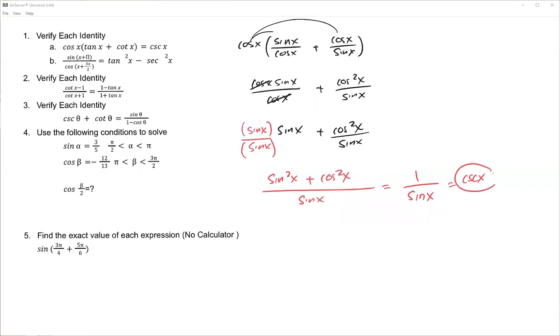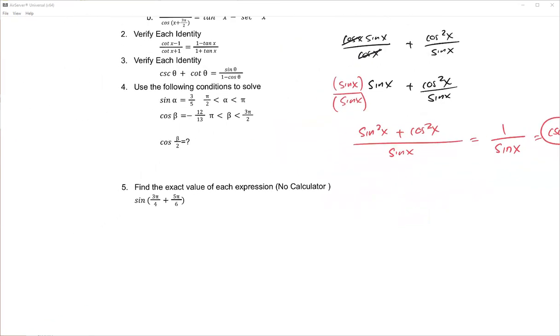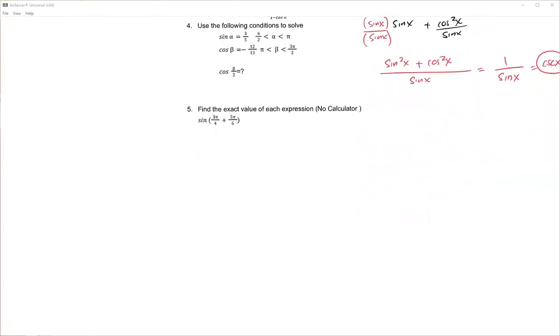Number 2, all right, you have sine of x plus pi over cosine of x plus 3 pi over 2 is equal to tangent squared x minus secant squared x. What's your approach here? You're going to use the sum property.